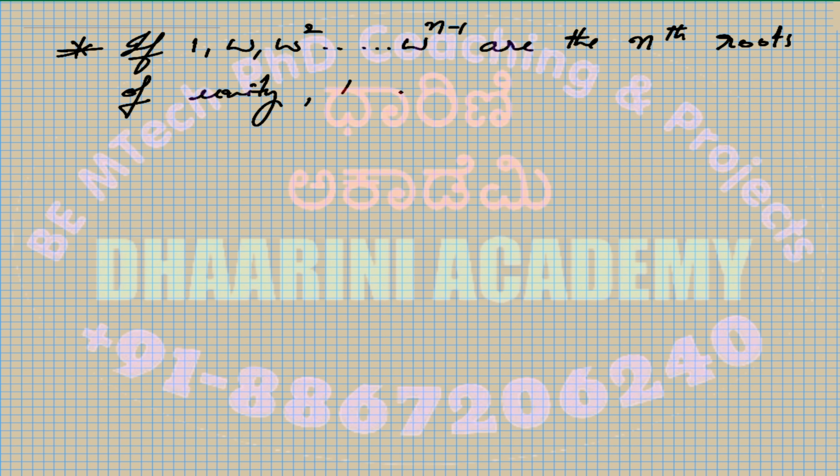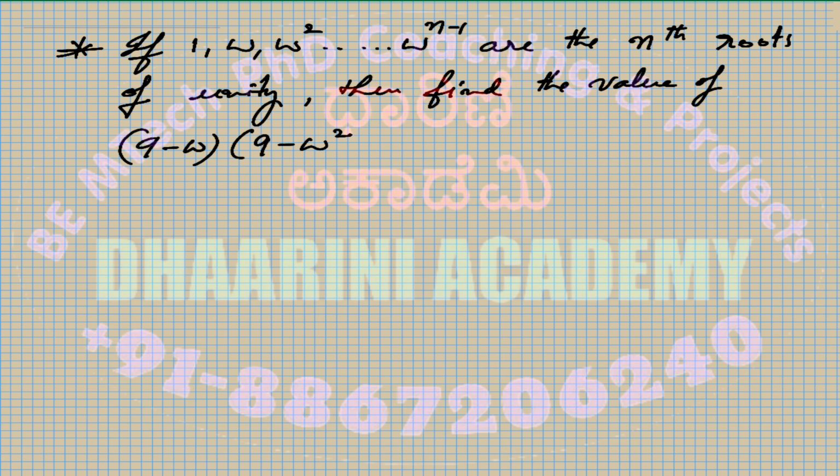Then find the value of 9 minus omega, 9 minus omega squared up to 9 minus omega to the n minus 1.